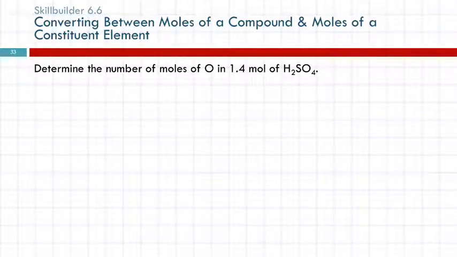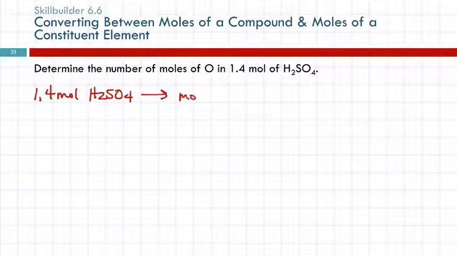Here's one that's not necessarily an ugly number, but it's not as round and whole. 1.4 moles of sulfuric acid, how many moles of oxygen? 1.4 moles of H2SO4, and we want to find moles of oxygen.